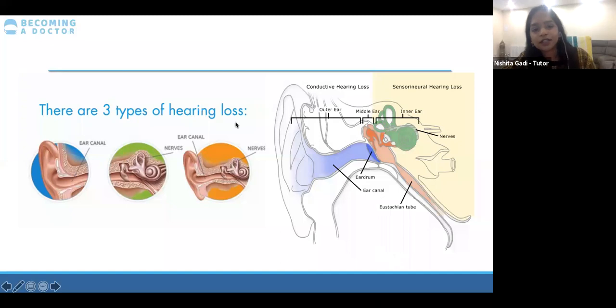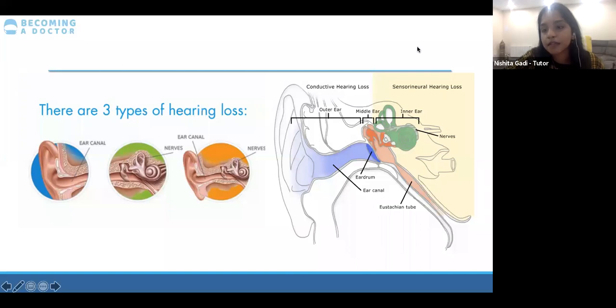So there are three types of hearing loss. As you guys might have heard, there's conductive and sensorineural hearing loss. Conductive hearing loss is when the outer ear or the middle ear is affected, and the conduction of sound is affected.